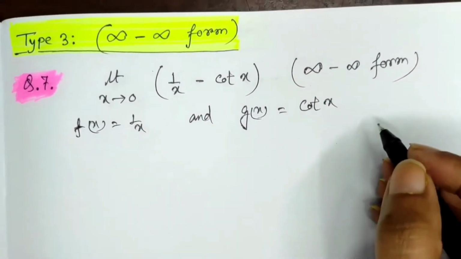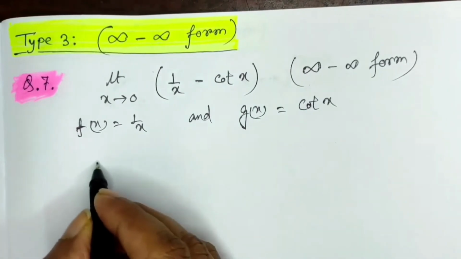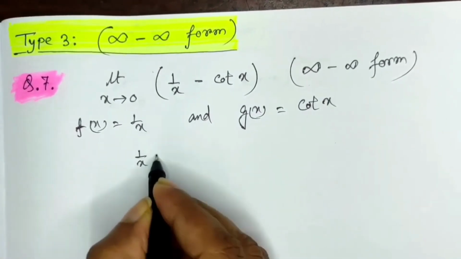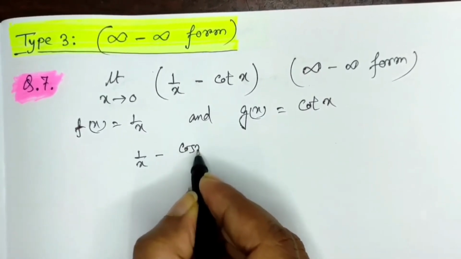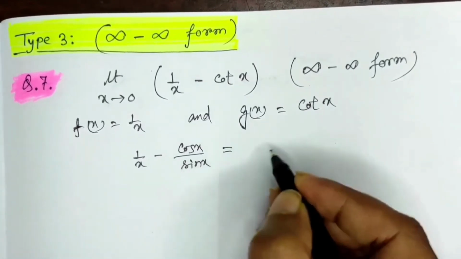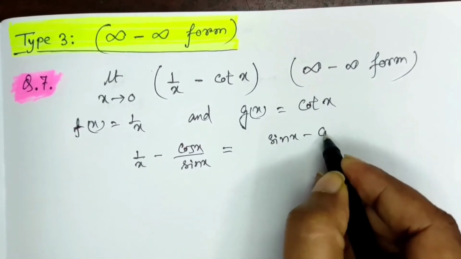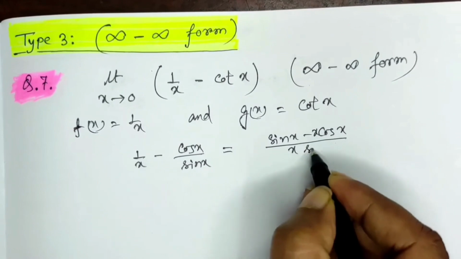For that, if we simplify the entire thing, 1 by x minus cot x, we can write cot x as cos x by sin x. Simplifying, we get (sin x minus x cos x) divided by (x sin x).